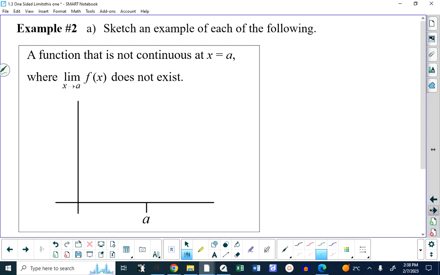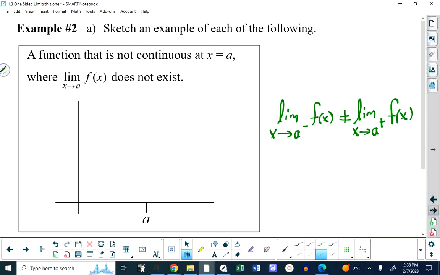What if a function is not continuous and the limit does not exist? Well, think about why the limit doesn't exist. The limit doesn't exist because of this. That is the only reason we can come up with that the limit doesn't exist.